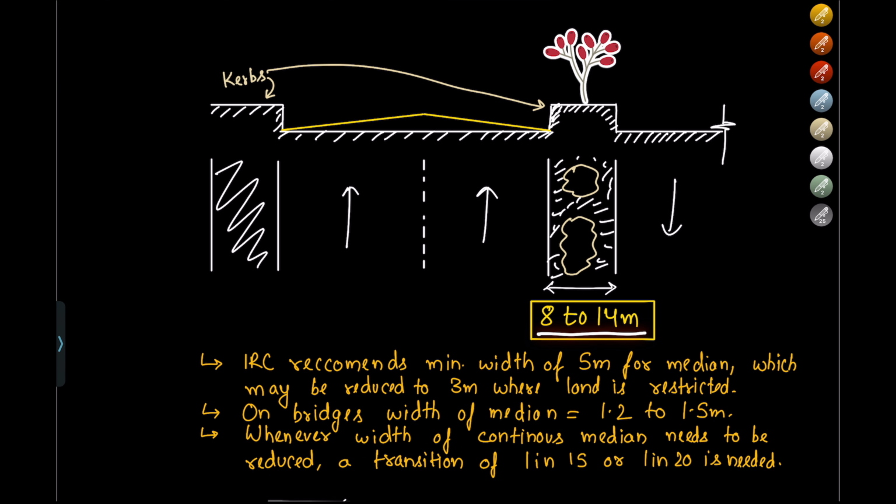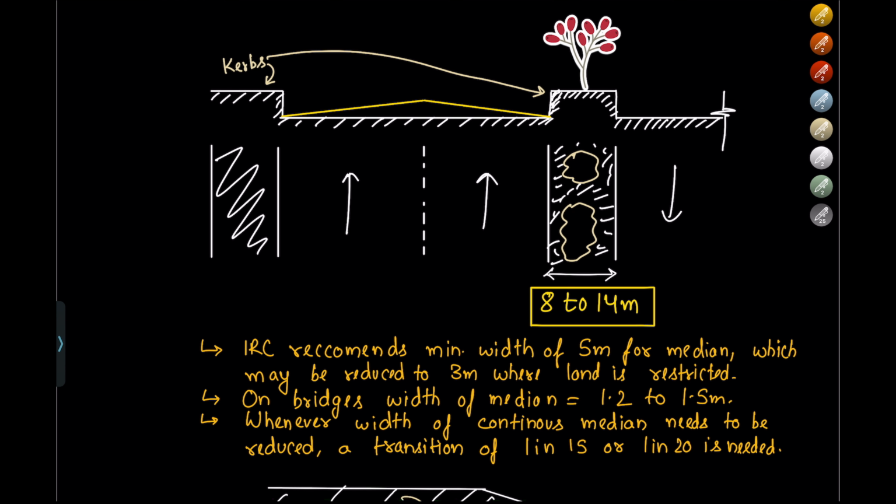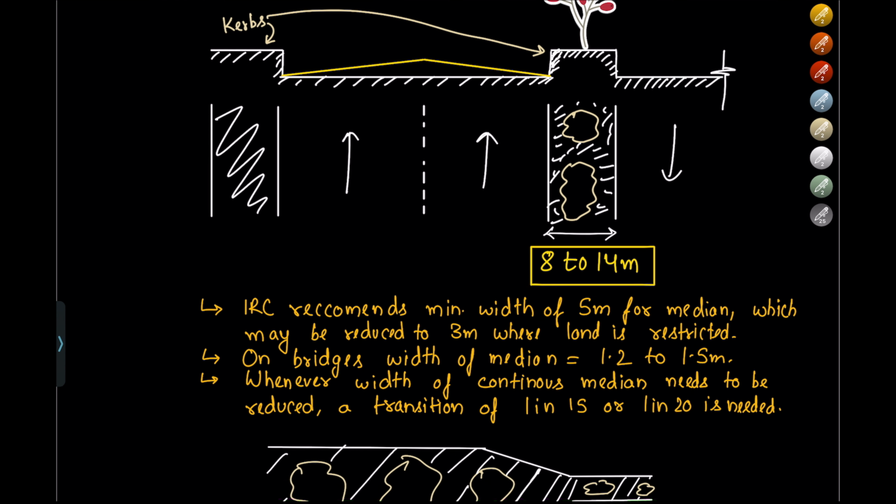Next, the width of the median is limited to 8 to 14 meter of the width of the road. IRC recommends a minimum width of 5 meter for median, which may be reduced to 3 meter where land is restricted. In general cases, it is seen that 8 to 14 meter is not possible. So IRC has recommended a minimum of 5 meter of median in national as well as state highways.